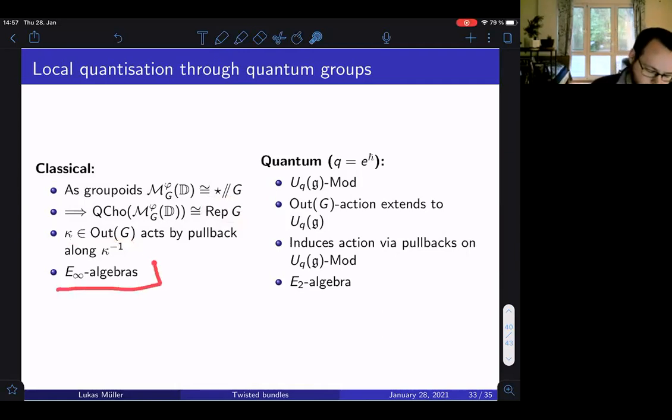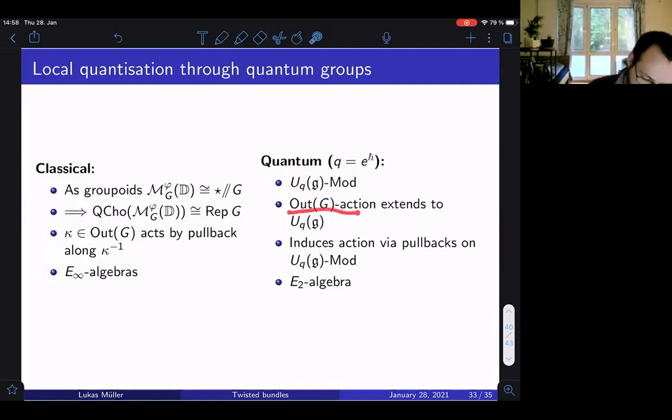And this is symmetric monoidal, which is sometimes called an E-infinity category, so an E-infinity algebra, which means it's as commutative as it could be. And then a well-known quantization of the category of representations of G is just modules over the quantum group.